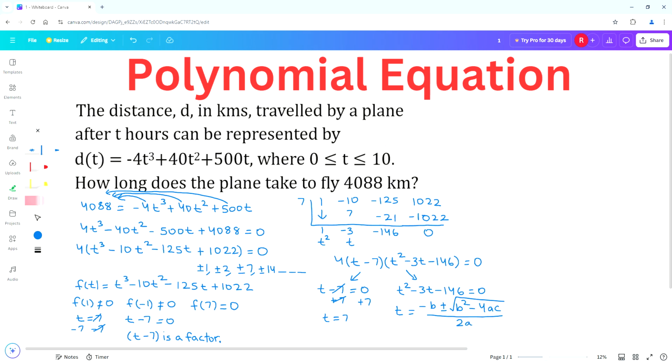This is the quadratic formula. In this equation, a is equal to 1, b is equal to negative 3, and c is equal to negative 146. Now we can sub in these values in the quadratic formula.